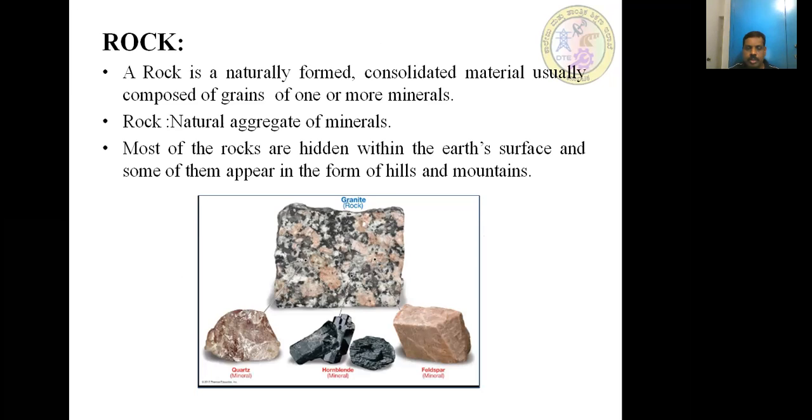So, in the picture, you can see the granite rock, which is composed of different minerals like quartz, hornblende, biotite, feldspar, like that. So these minerals are consolidated to give a hard mass that is called rock, that is granite rock. Most of the rocks are hidden within the earth's surface and some of them appear in the form of hills and mountains.